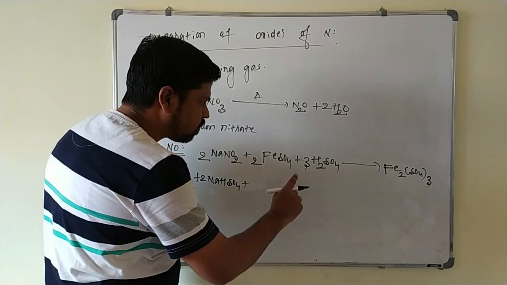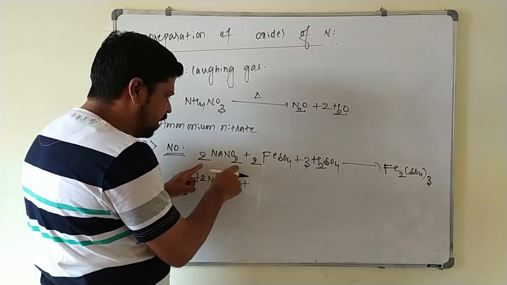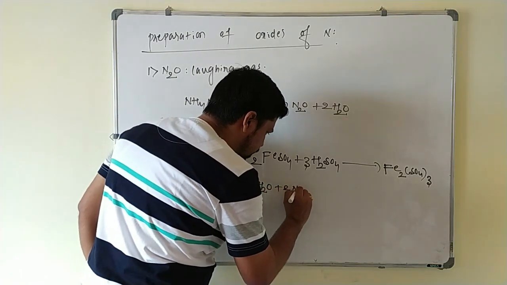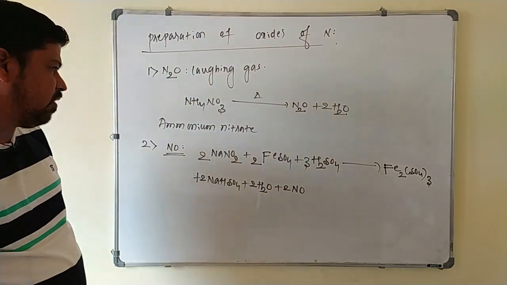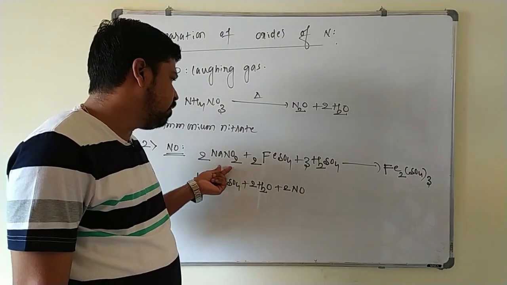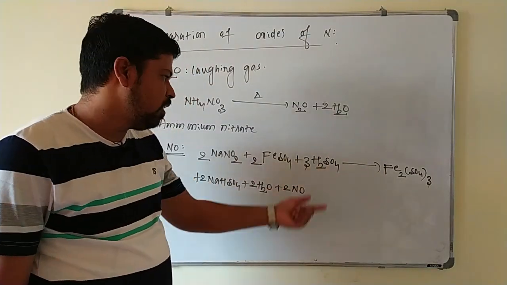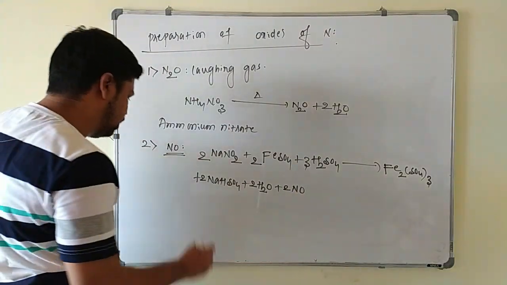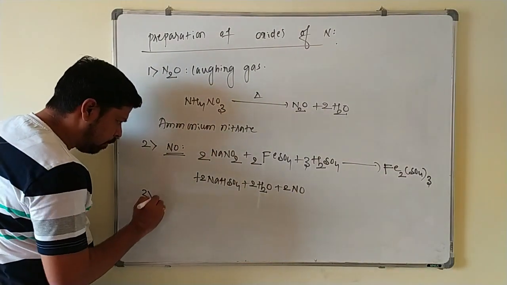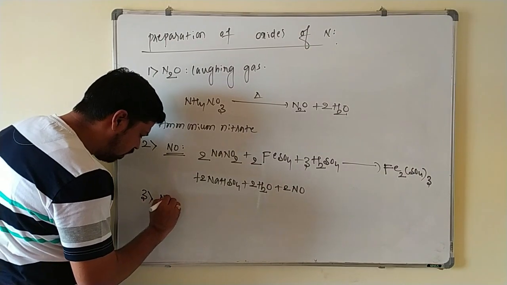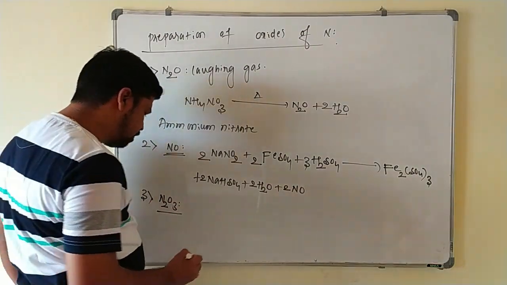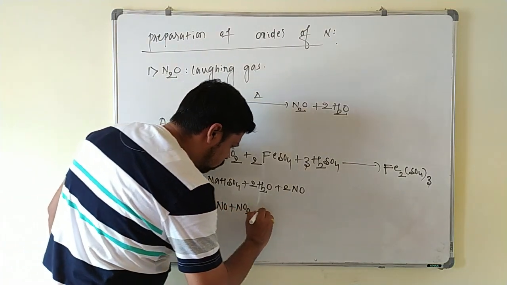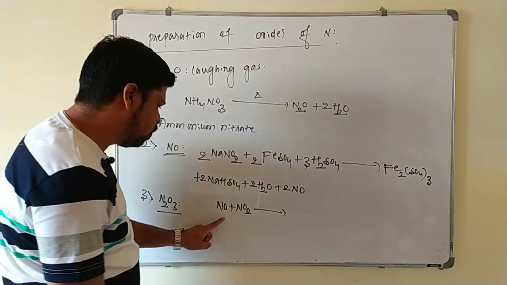Here 4 hydrogens combine with 2 oxygen to form 2 moles of water, plus the remaining is 2 times NO. Just by the action of NaNO2, FeSO4 and H2SO4 you can prepare NO. This is the preparation of NO. Next, the preparation of N2O3. This N2O3 is obtained by the reaction of NO and NO2. NO combines with NO2 to form N2O3.